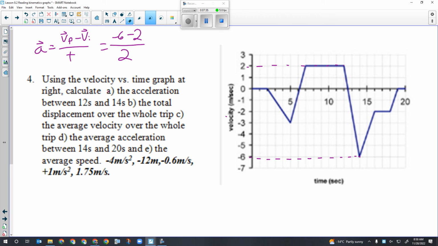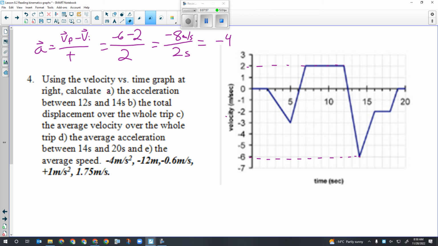All right, so I've got negative 6 minus 2, well that's going to mean negative 8, right, divided by 2 is going to be negative 4. And what are my units for acceleration? This is in meters per second, and this is in seconds.